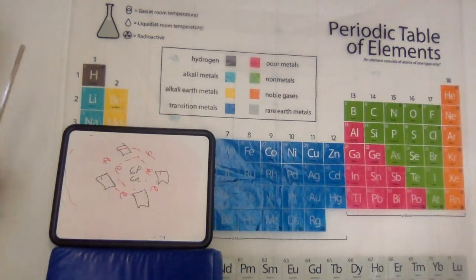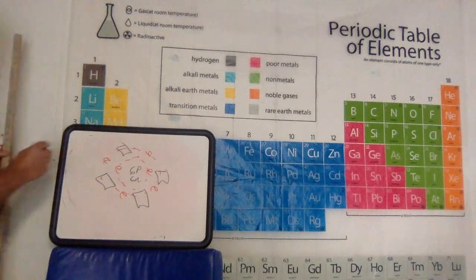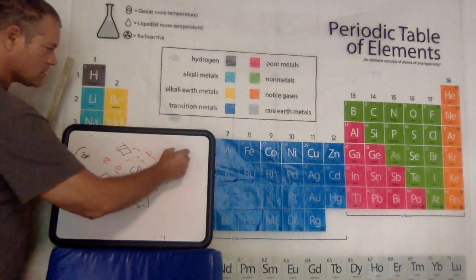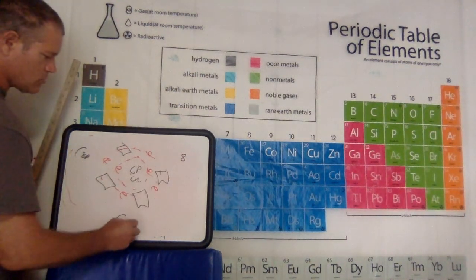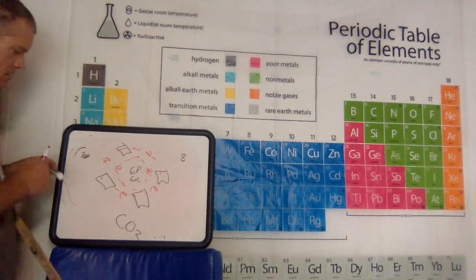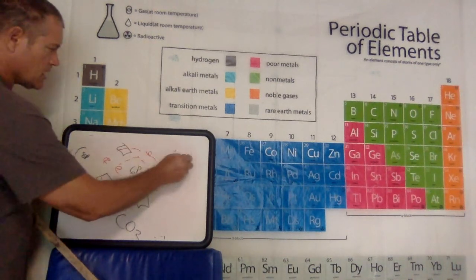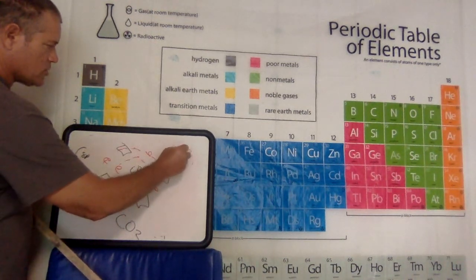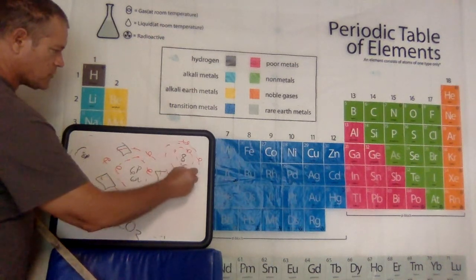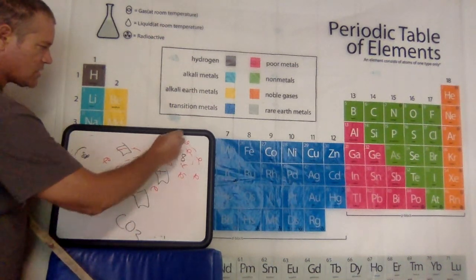Now let's draw oxygen. Isn't it O2? Hang on, 2 oxygens. CO2. Let's look at what's going on. You're going to have 2 in the first shell, then 1, 2, 3, 4, 5, 6.